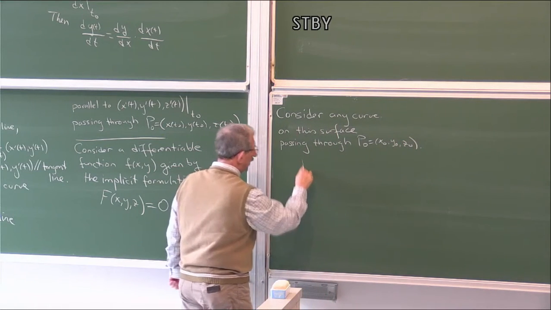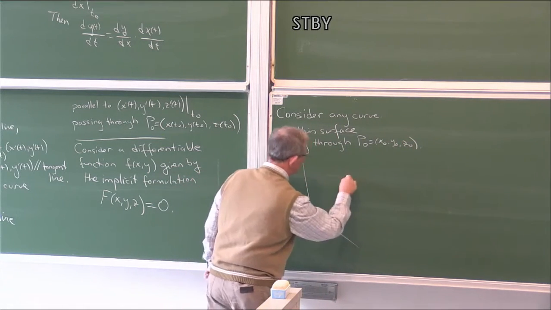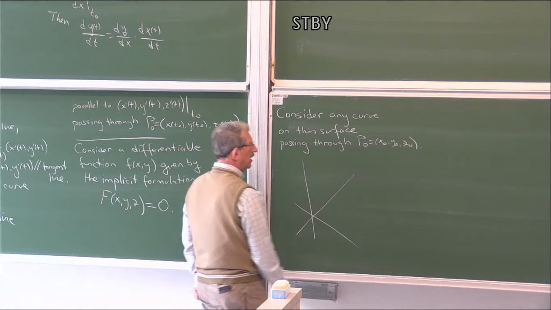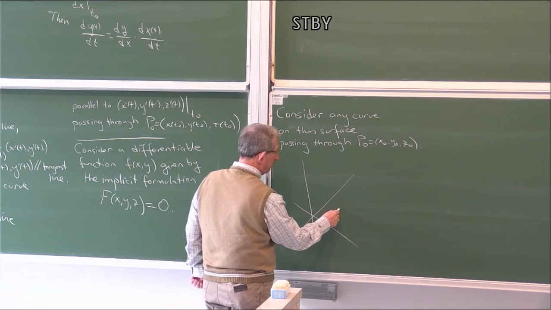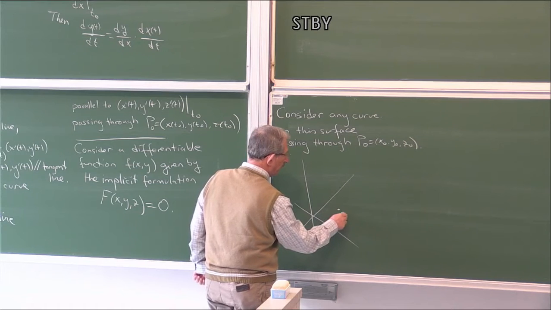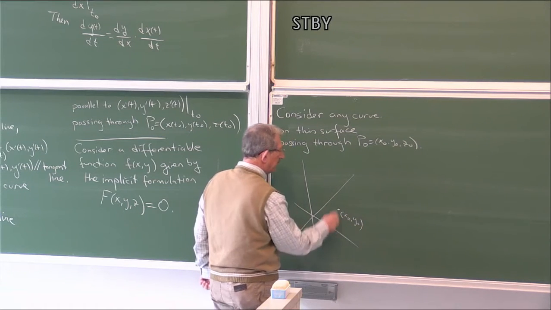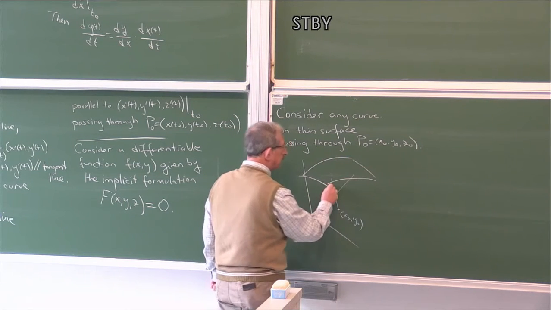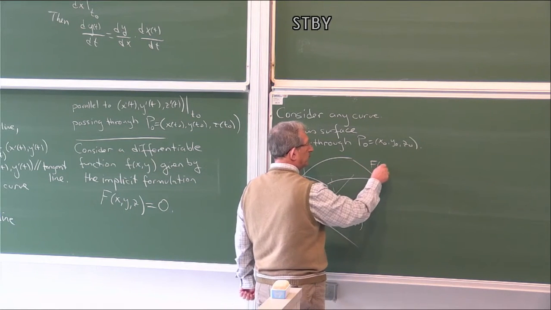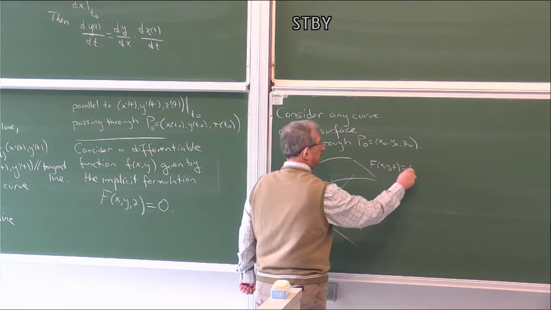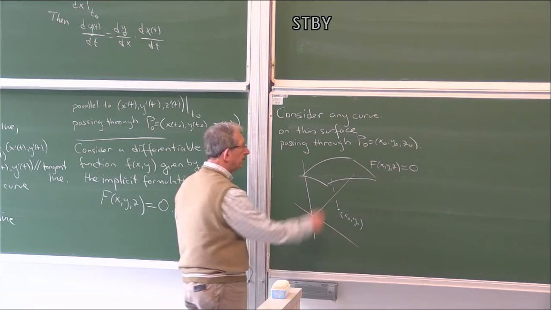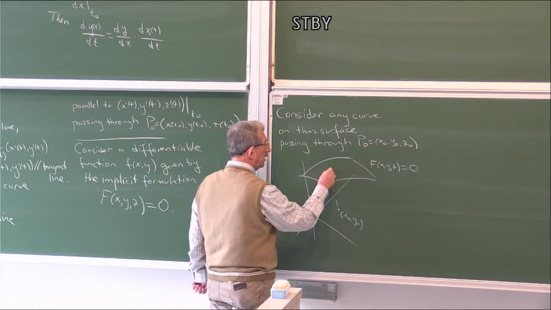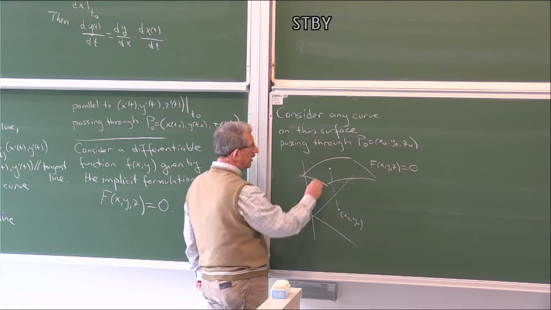What does this look like? It's something like this. I have a point x0, y0 here. And somewhere on top of that, I have my surface f of x, y, z is 0. And here, I have a curve.